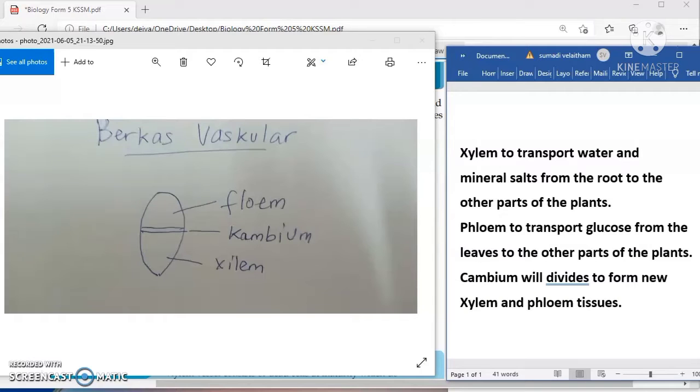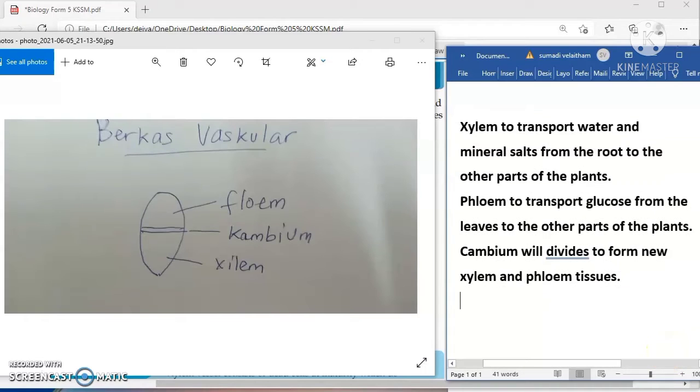Cambium will divide to form new xylem and phloem tissues. Okay, so this is the vascular bundle's function. Can understand, huh? Boleh cikgu. Boleh.